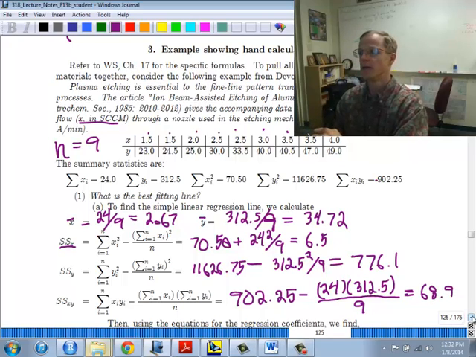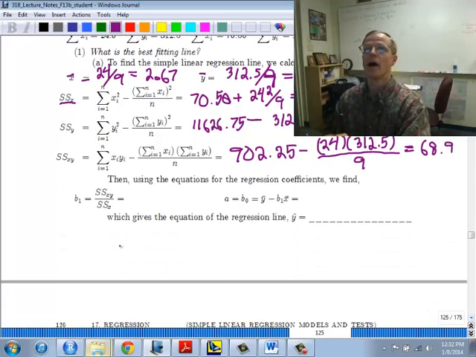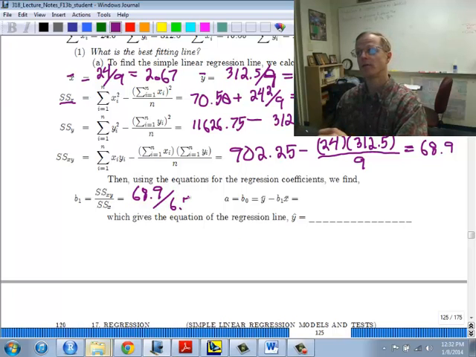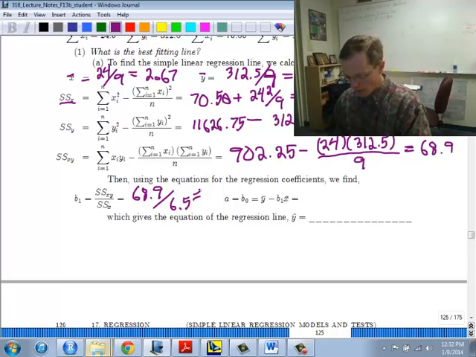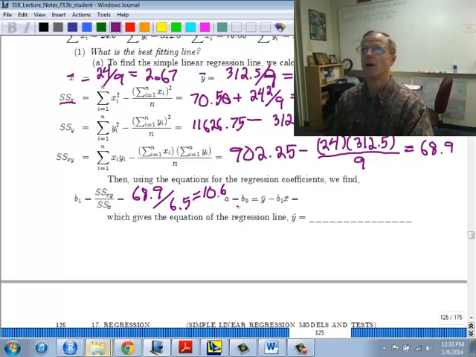Okay, now to get our slope, we need sum of the squares XY, which is 68.9, all divided by sum of the squares X, 6.5. That'll get me 10.6. Okay, now the intercept is here.